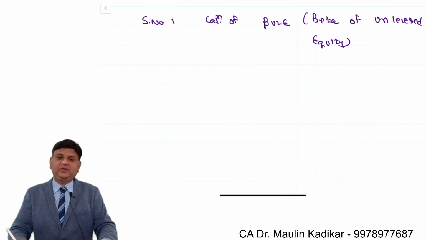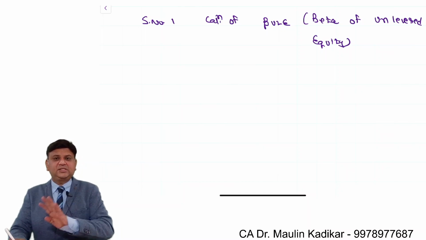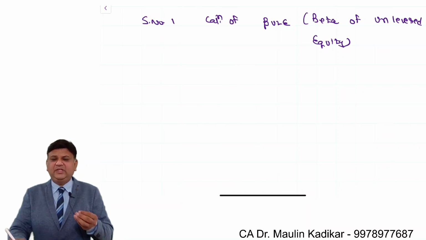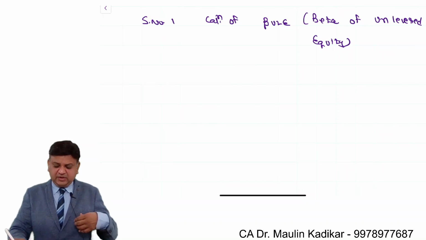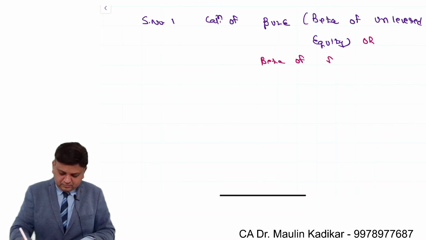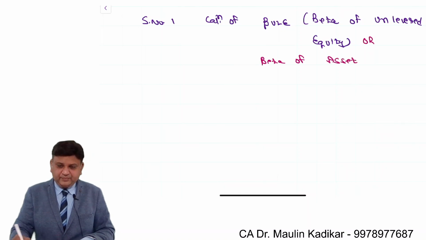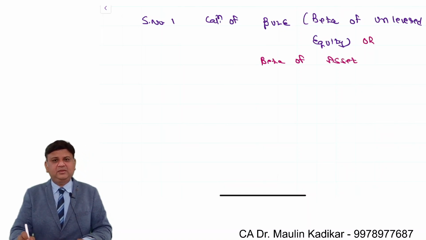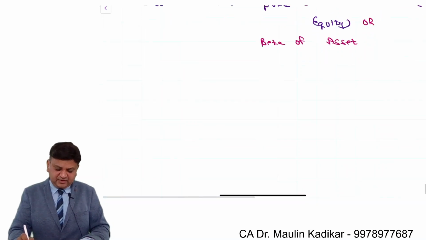One is a situation of no taxes and another is a situation of tax. When there is no tax, then the beta of unlevered equity or beta of asset is a simple weighted average. There is nothing else but a simple weighted average.